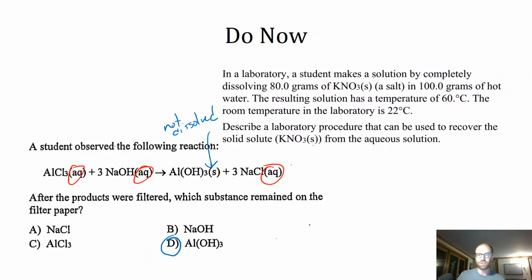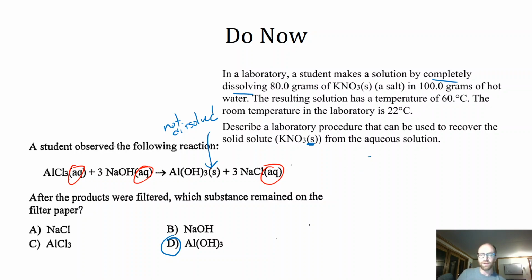In the second question, since we see this solid, you might want to consider using filtration again. The issue, though, is that if you read the prompt, it says that the solid is a salt, completely dissolved in water. There's no indication that it undissolved, meaning if we tried to filter it, the dissolved salt would go through the filter as well.